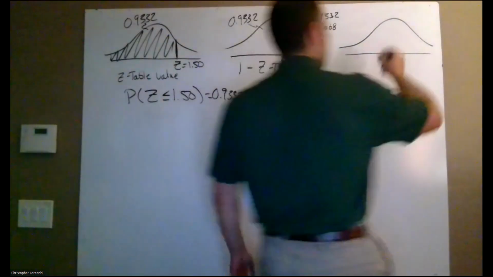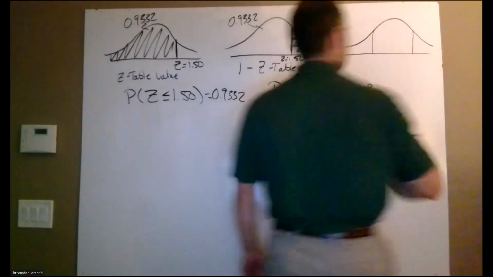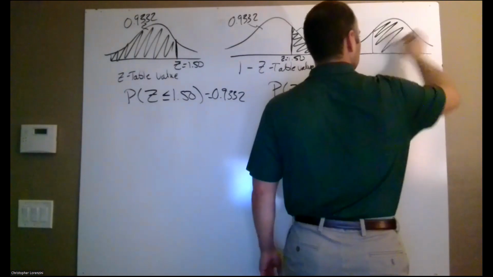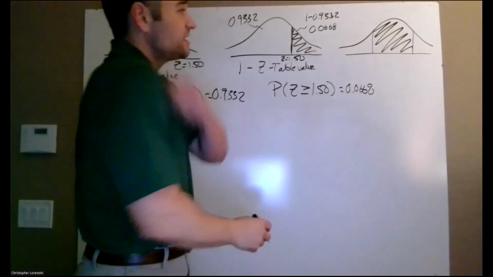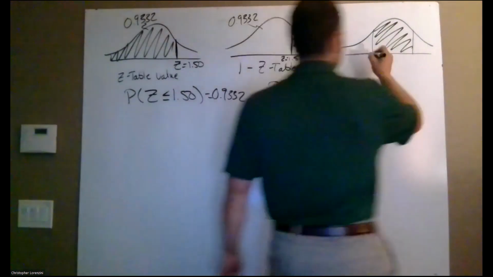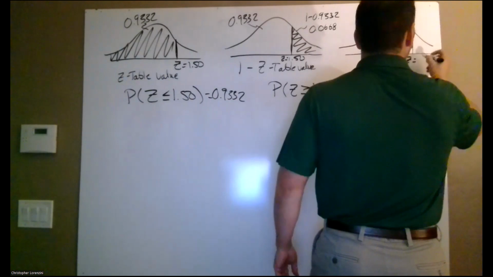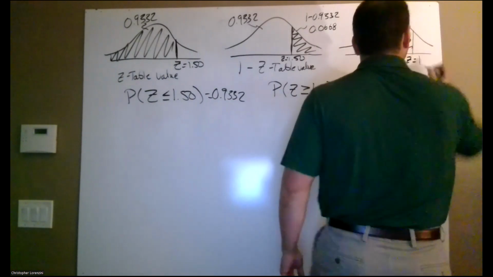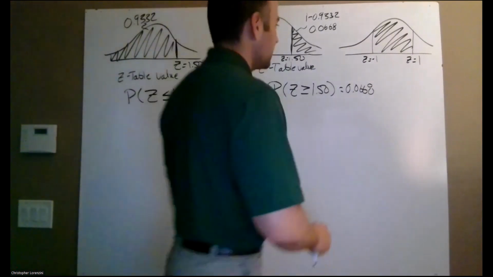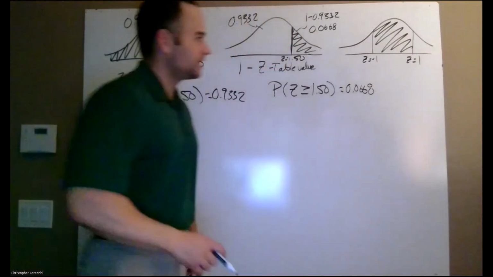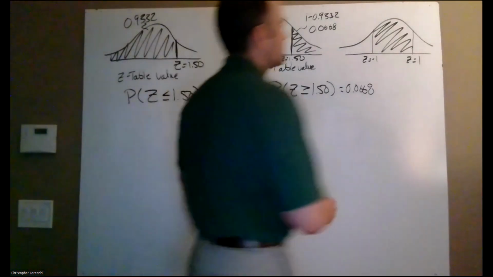Now, in the scenario where I want to find the area between two z-scores, we'll just pick some values here. Let's call this z equals -1, and maybe z equals +1. So maybe I want to find z between -1 and +1 and see what the area in between those two values happens to be.